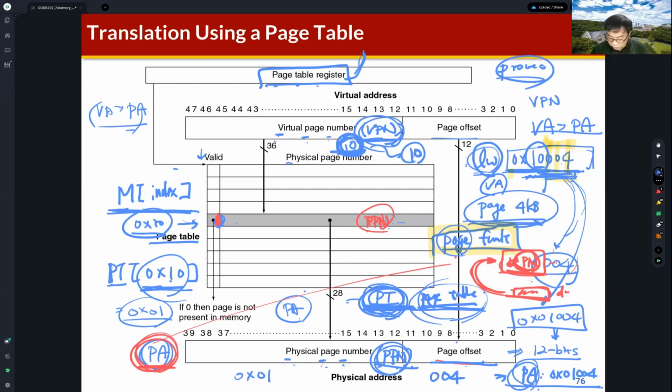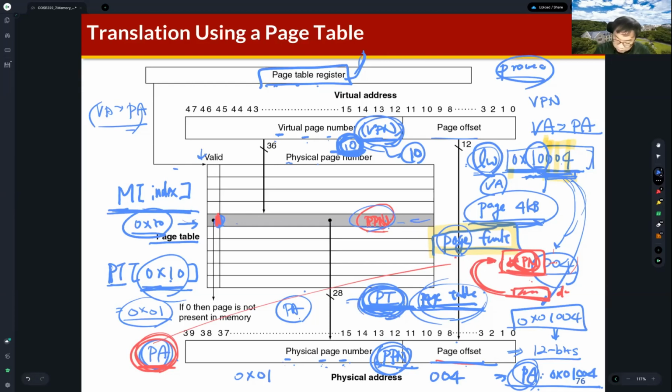The required operation is the same as what I explained: the page is read from the disk, transferred to the memory, and the PPN is updated in the page table.